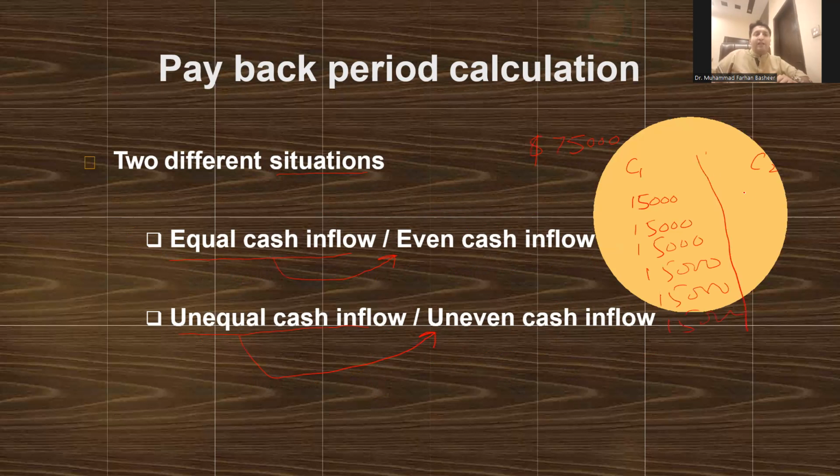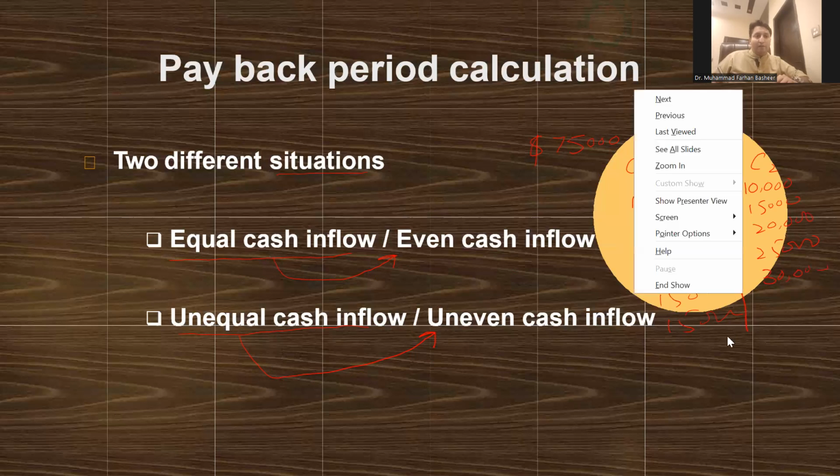And in the second scenario, the firm is generating the following cash flow: 10,000 first year, 15,000 second year, 20,000 third year, 25,000 next year, 30,000 fourth year, and the total cash flow will be for 5 years.